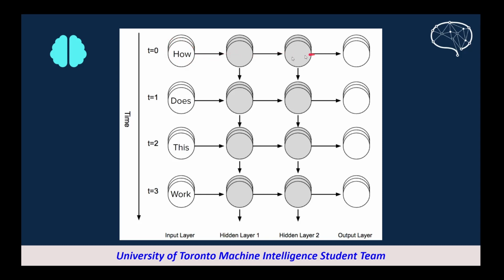Of course, it can process it through a forward pass, but it also passes the output to itself in the next iteration. And this set of neurons here will process information passed through itself from the previous iteration, and also process the real input in this iteration, which is the word "does" here.